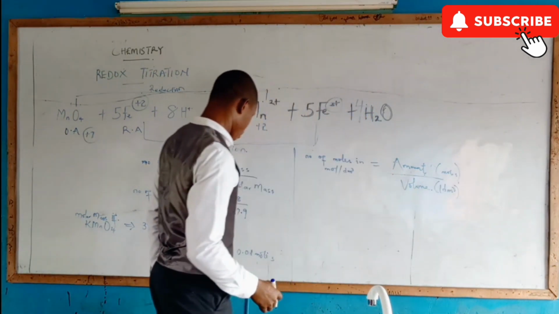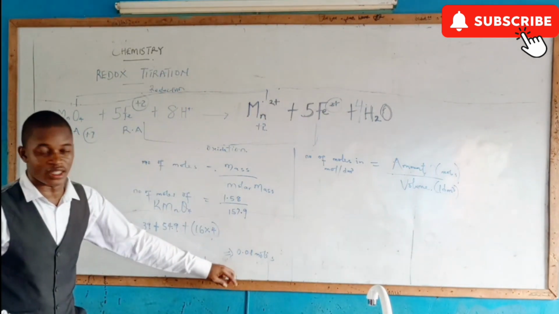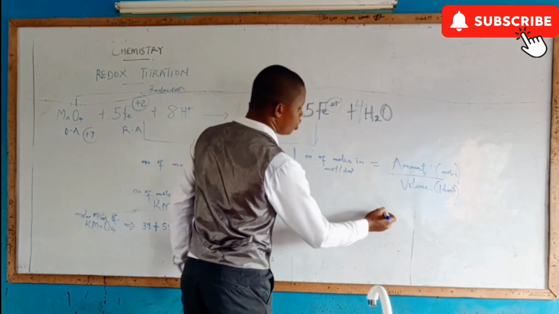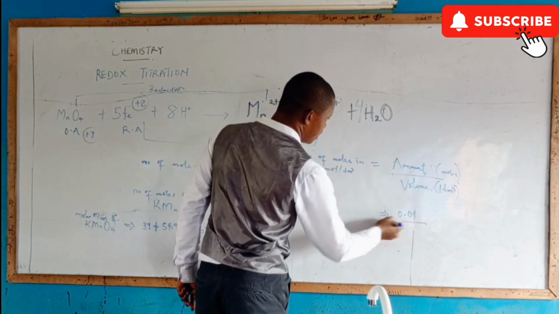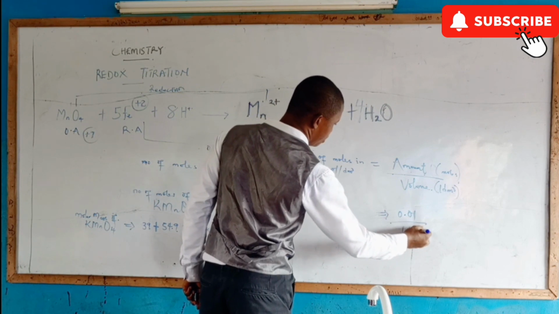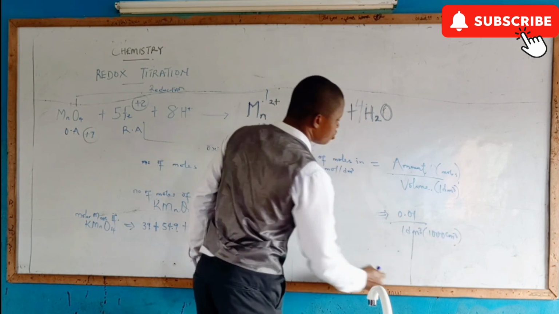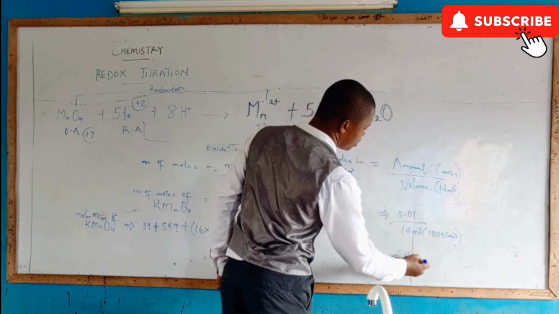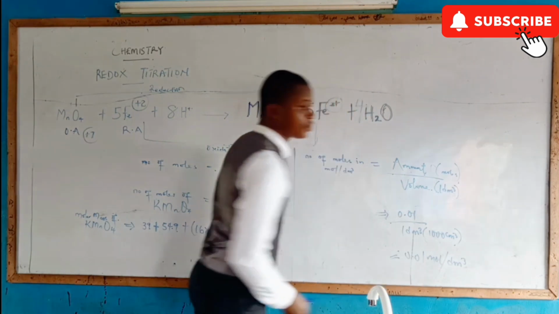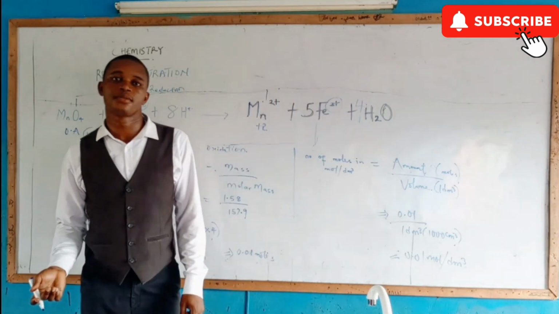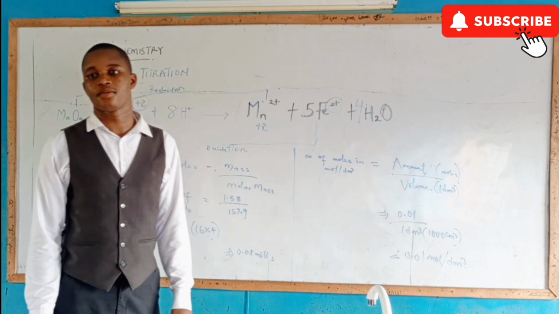So therefore, from the number of moles we got here, which is 0.01, in 1 dm cube, which is also 1000 centimeter cube, that will still remain 0.01 mole per dm cube. I believe this is straightforward from our basic chemistry.